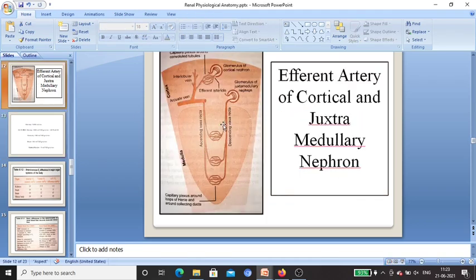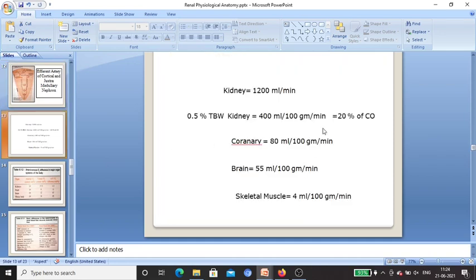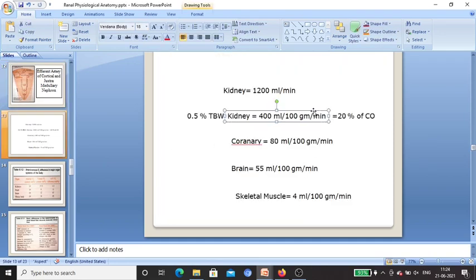We had discussed earlier, this is the afferent artery, and from here this is the renal vein. So whatever the pressure difference between the renal artery and the renal vein, that will be responsible for the perfusion of the kidney.